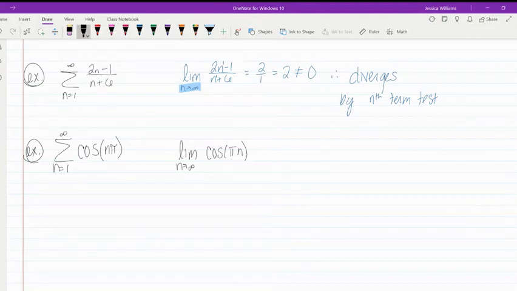So it oscillates back and forth between negative 1 and 1, every value in between, but it doesn't ever approach 0. It doesn't get to 0 and stay there. I don't know what it is, but it's not 0, and that's all I have to write. Therefore, diverges by nth term test.